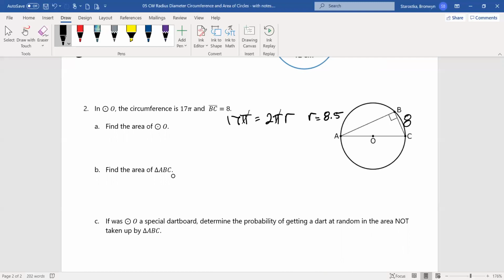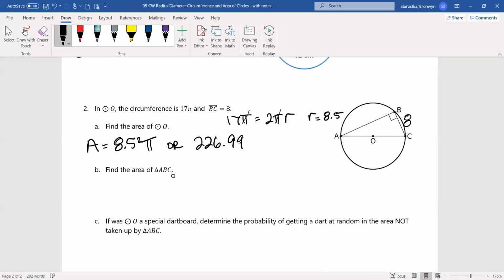So if I want to find the area, my area is 8.5 squared pi, or 226.98.